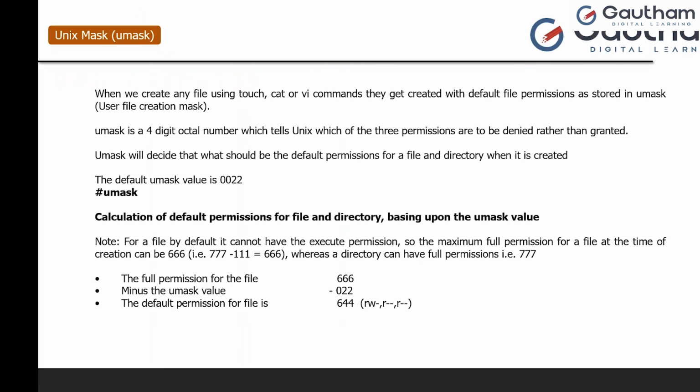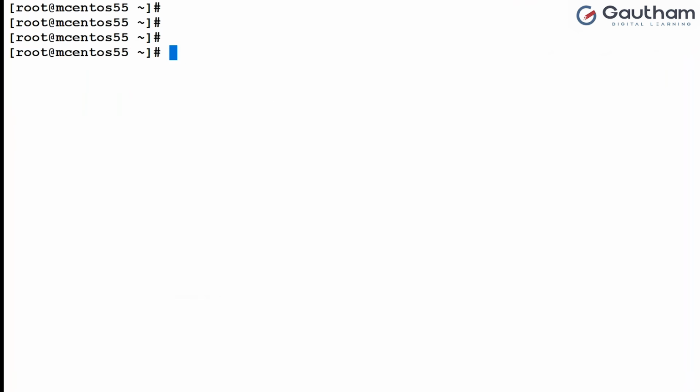And default permission is assigned by using a concept called umask. Umask actually stands for Unix File Creation Mask. It's a 4-digit code that is going to apply default permission. So let me check it out and show you how these things work. See guys, when you run the umask command, it gives you a number, 0022.